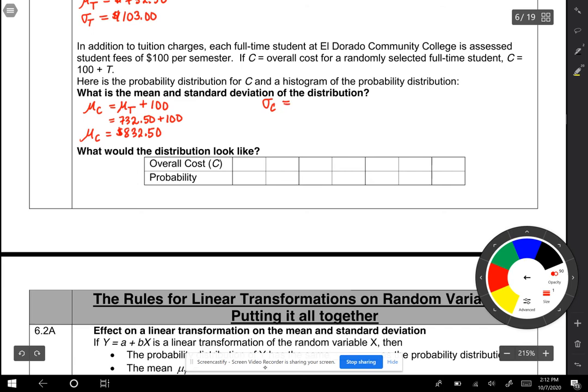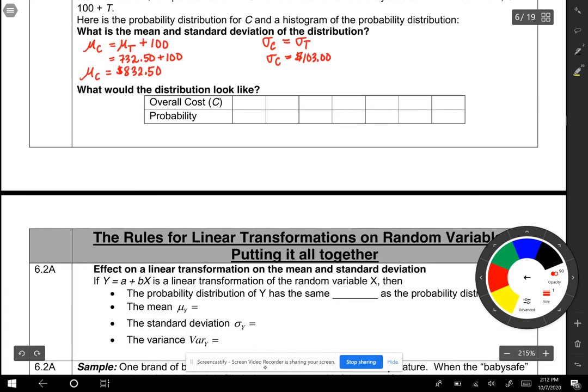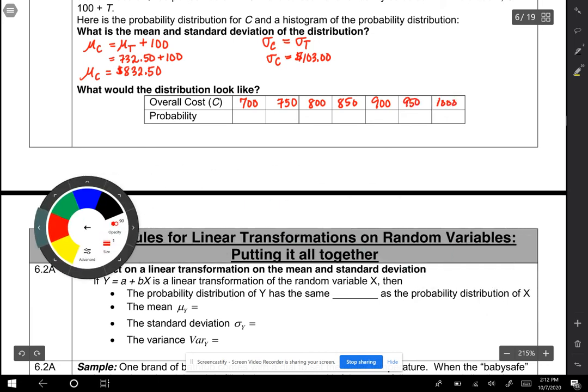So all you do is take the standard deviation of the tuition. The standard deviation of C is equal to $103. And the distribution would look like this. You're just adding $100 to the tuition: 800, 850, 900, 950, 1,000. And then the probabilities are still the same.